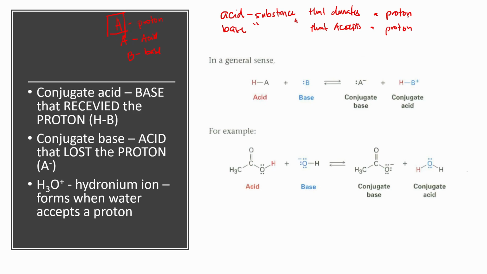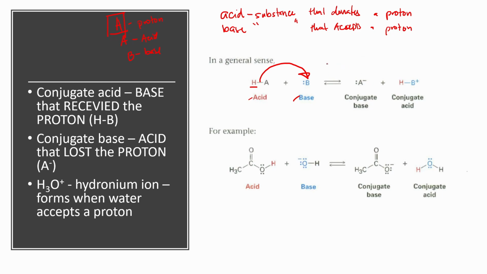So in a general sense, we have our acid and we have our base. The proton is represented by the letter H right here. In this reaction, as you can see, the acid will donate a hydrogen, or proton, towards the base. So it will go towards the base and the base accepts the proton.